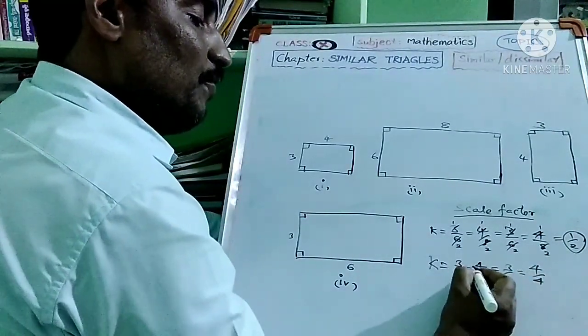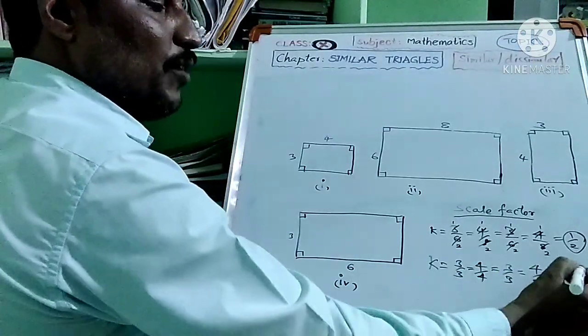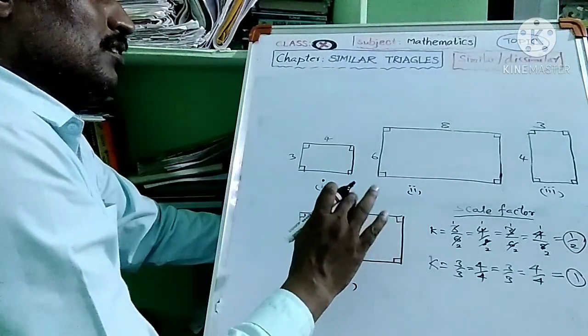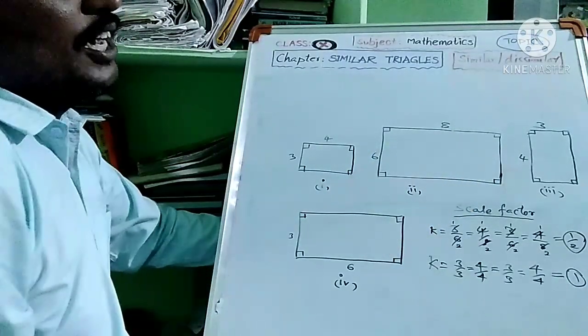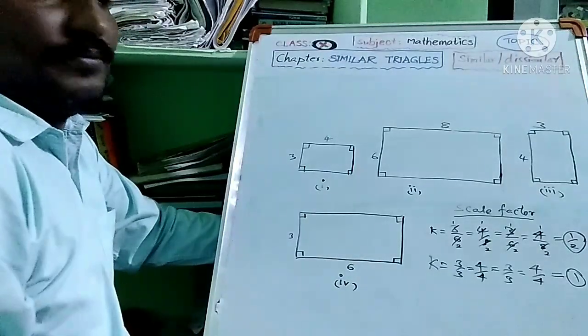So we are getting 3 by 3, 4 by 4, 3 by 3, 4 by 4. Always we are getting 1. So here the scale factor is 1, meaning the sides are in the same ratio. Angles are equal. Therefore, these two are also similar.